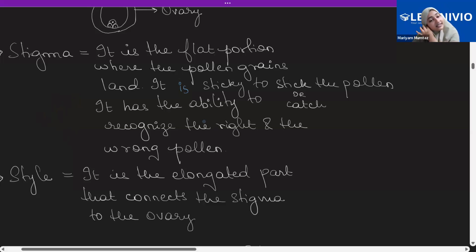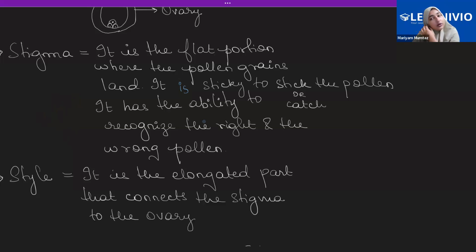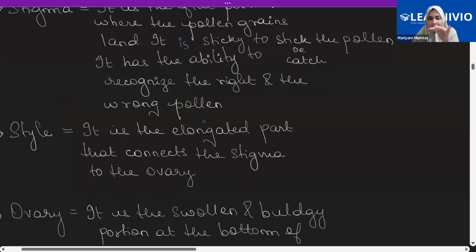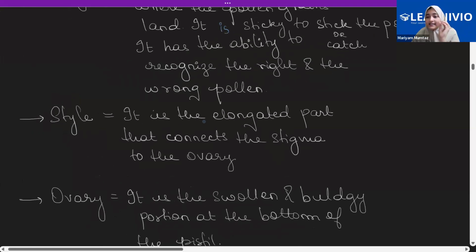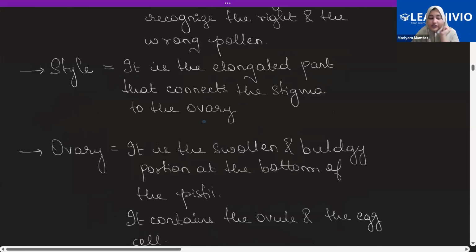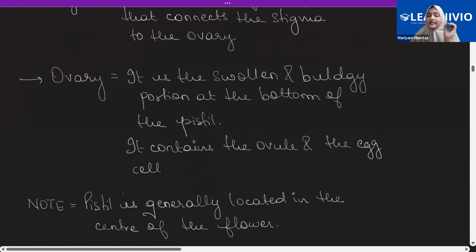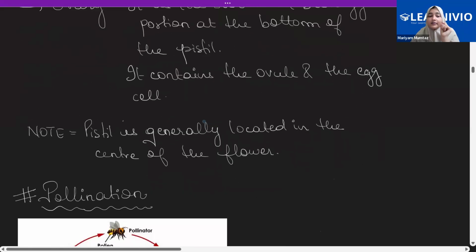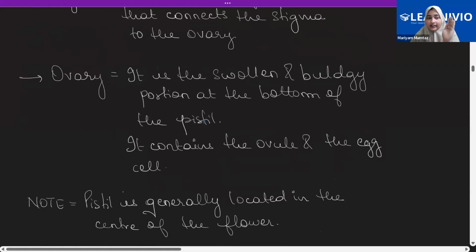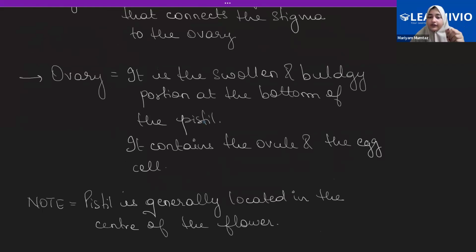After that, we have the style. Now, style is the elongated part that continues beneath the stigma portion. And what does it do? It is that elongated part which is responsible for connecting the stigma to the ovary. Ultimately, we come on to the ovary portion. It is the swollen and bulgy portion of the flower, wherein inside of the ovary there is the presence of ovule.